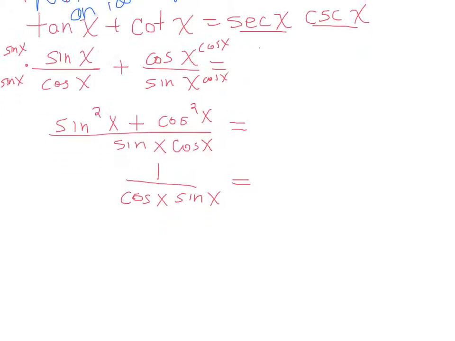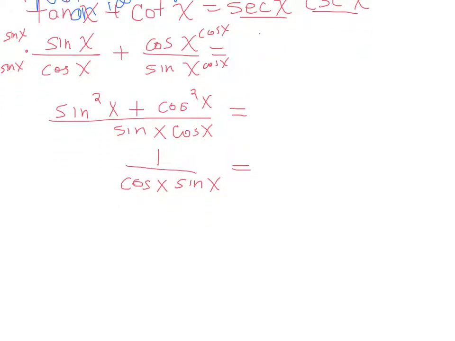And now since I need to write secant first and then cosecant, I can just flip sine cosine. So I can just have cosine x first and then sine x second. And when you separate it, it would be 1 over cosine of x, 1 over sine of x, which is secant of x, cosecant of x.